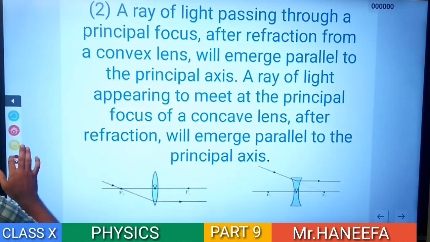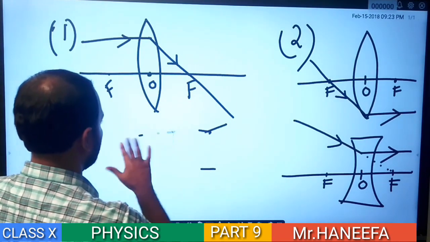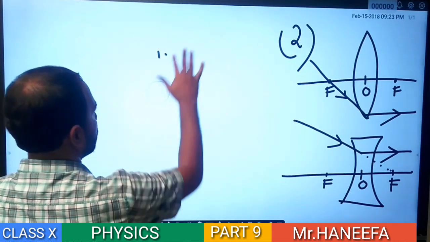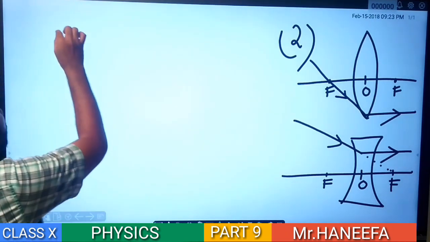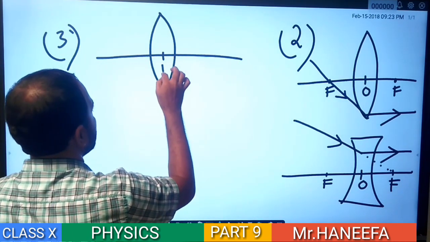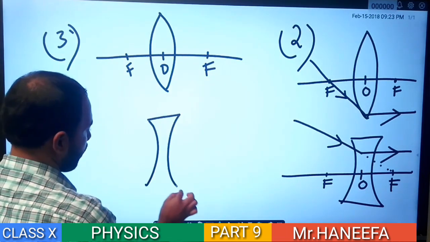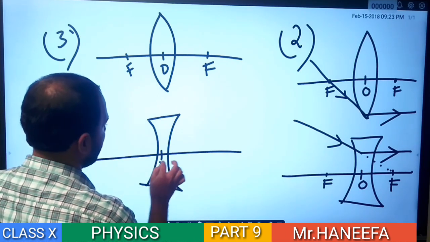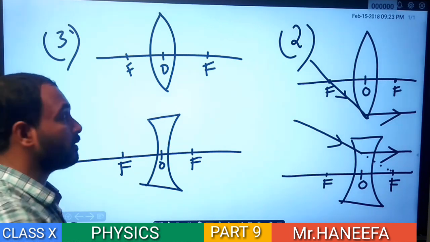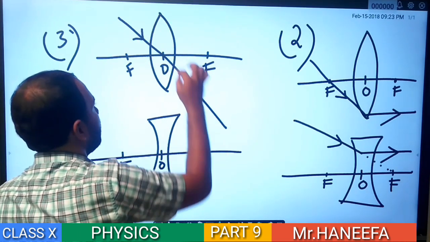Next is the third rule. Convex lens: principal axis, optical center, focus, focus. Concave lens: optical center, two focuses. A ray which passes through the optical center passes without any deviation.